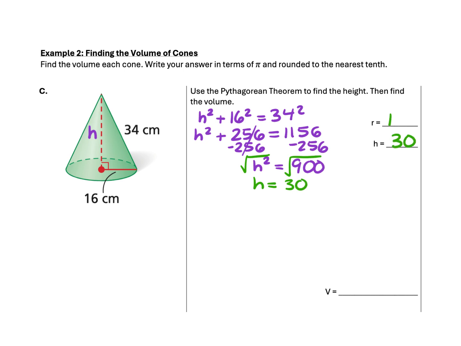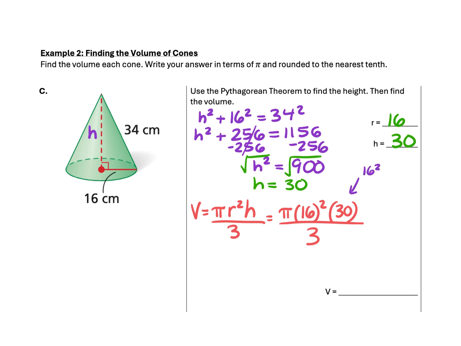The radius was given as 16. And now we can apply our volume equation. Pi r squared times h divided by 3. So here, that's pi times 16 squared times 30 divided by 3. And when we type that in our calculator, you can do 16 squared times 30 all kind of in one calculation. And that is 7,680 pi over 3.